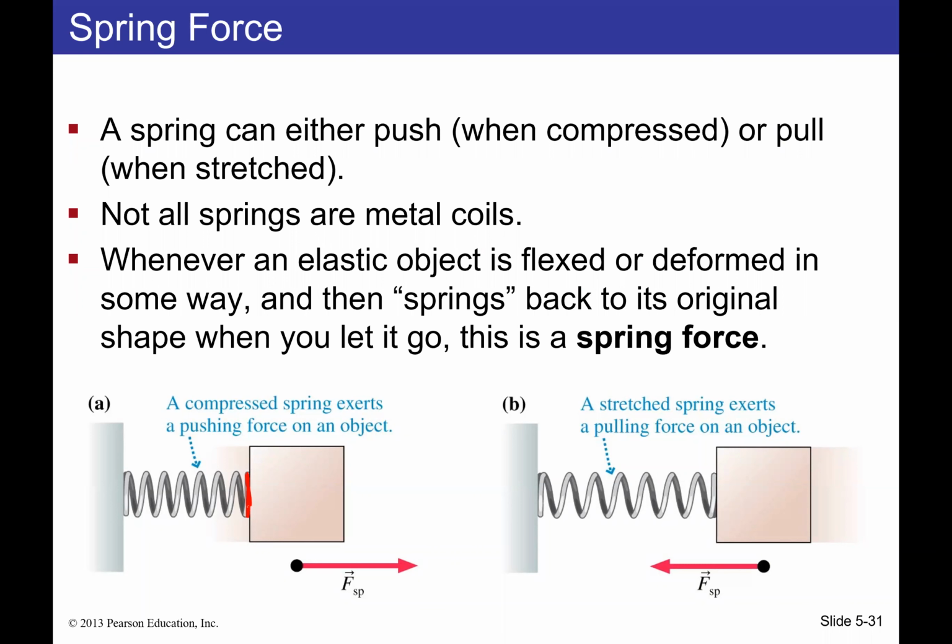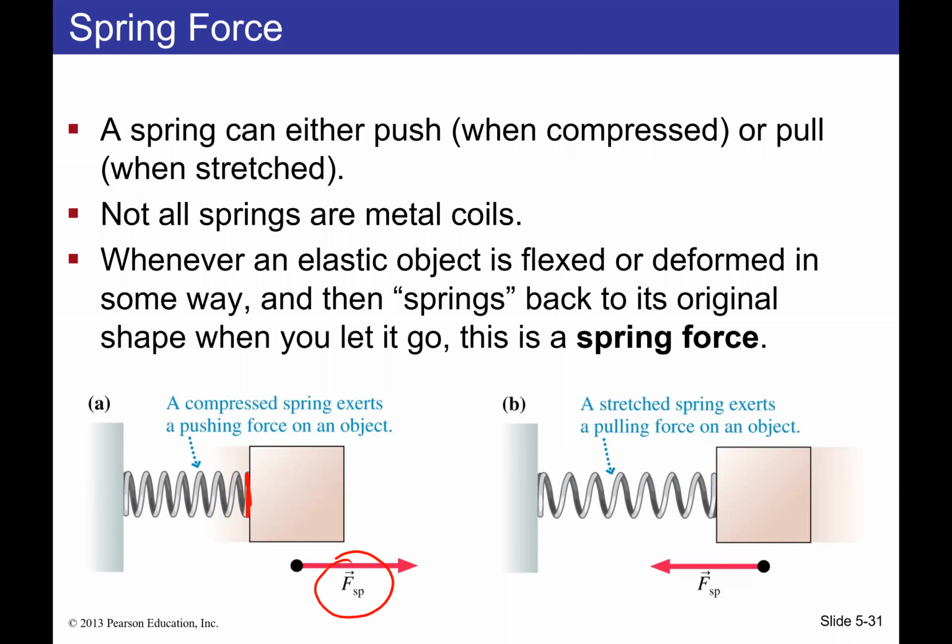You bend it a little, you let go, and it goes back to its original shape. Obviously, you don't want to bend it so much that it breaks. If you don't break it, it can always go back to its original shape, unless you deform it, which is something we will not be considering technically. But in any case, F with a subscript SP will be the spring force.